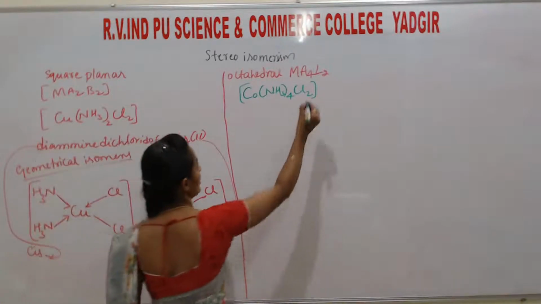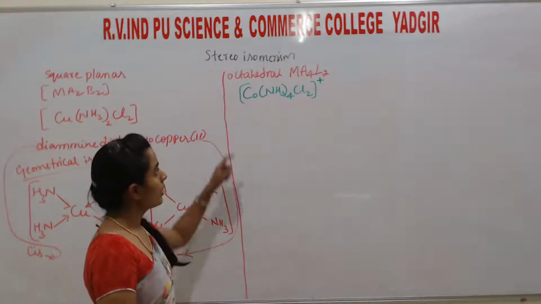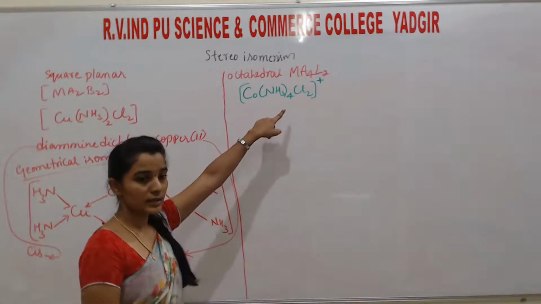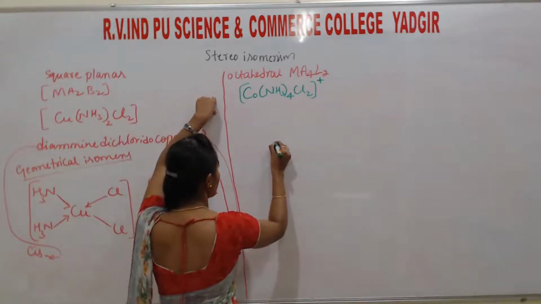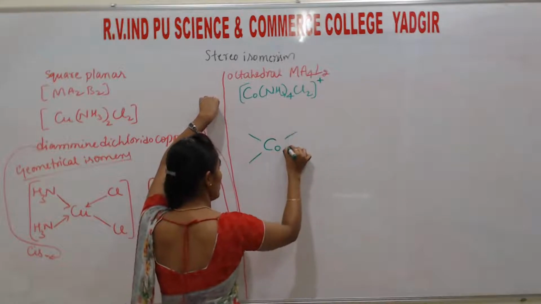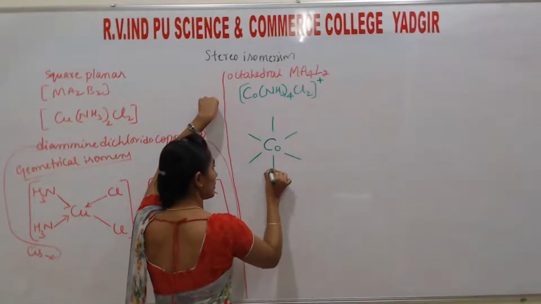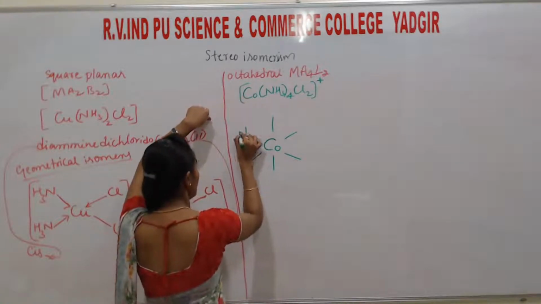Okay, here plus charge is [Co(NH3)4Cl2]+. So here students, octahedral structure means cobalt is the central metal atom. This is the octahedral structure. There 4 NH3 are there.